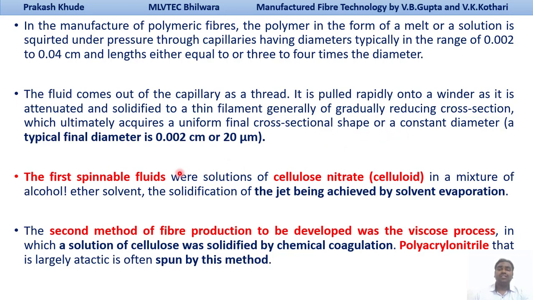The first spinnable fluid which was manufactured was cellulose nitrate.